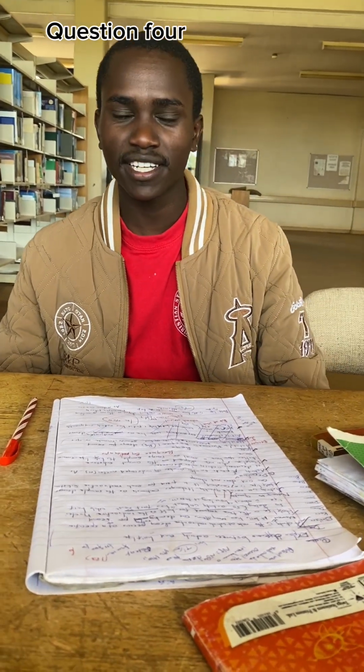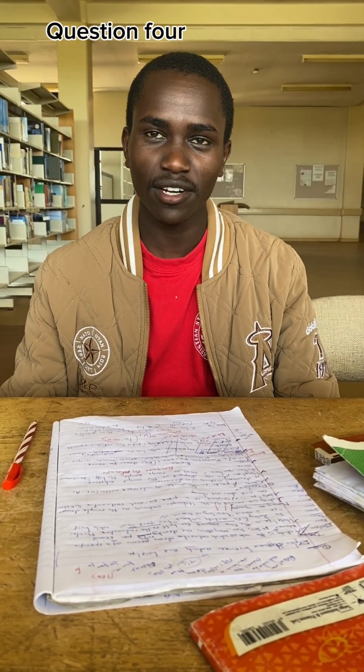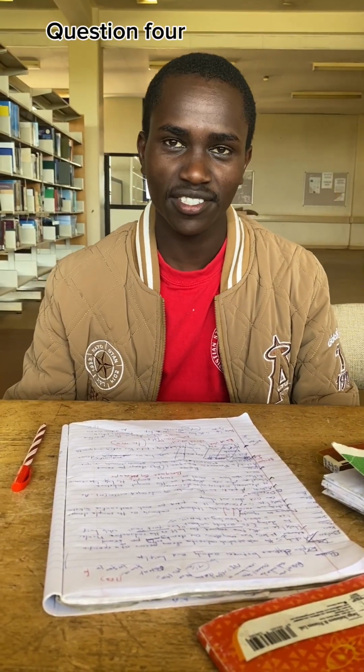My name is Brian Korir, registration number EDN 3528/23, and I'm going to handle question 4, which says explain the difference between activity and half-life. We are going to look at it in three aspects: definitions, dependence, and units.